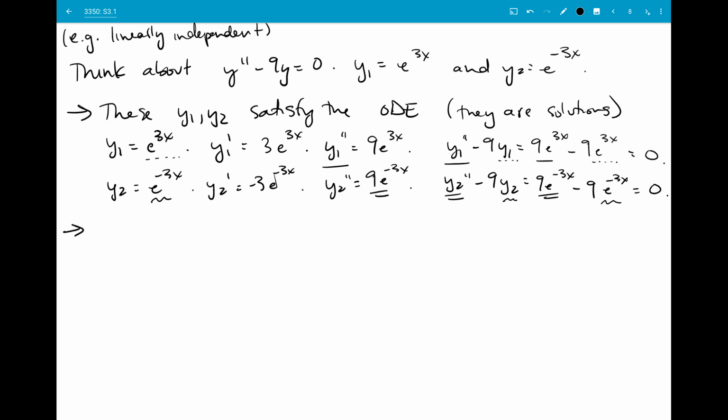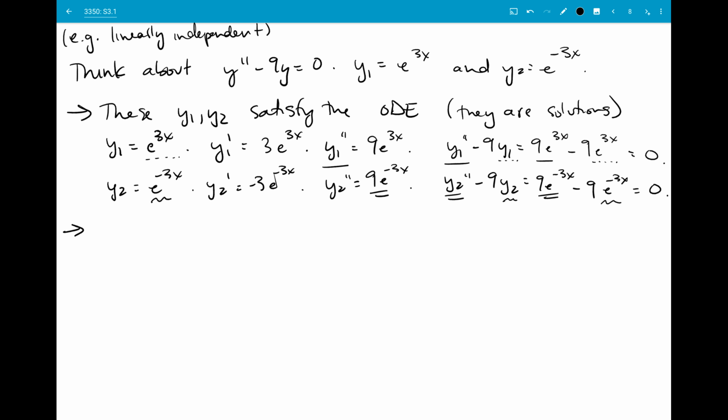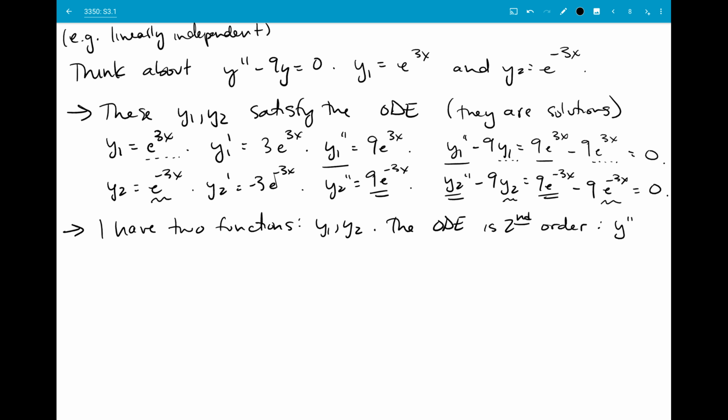And then I said linear independence first, but I'm going to check that I have the correct number first because it's easier. So I have two functions, y1, y2. The differential equation is second order: y double prime minus 9y equals 0.